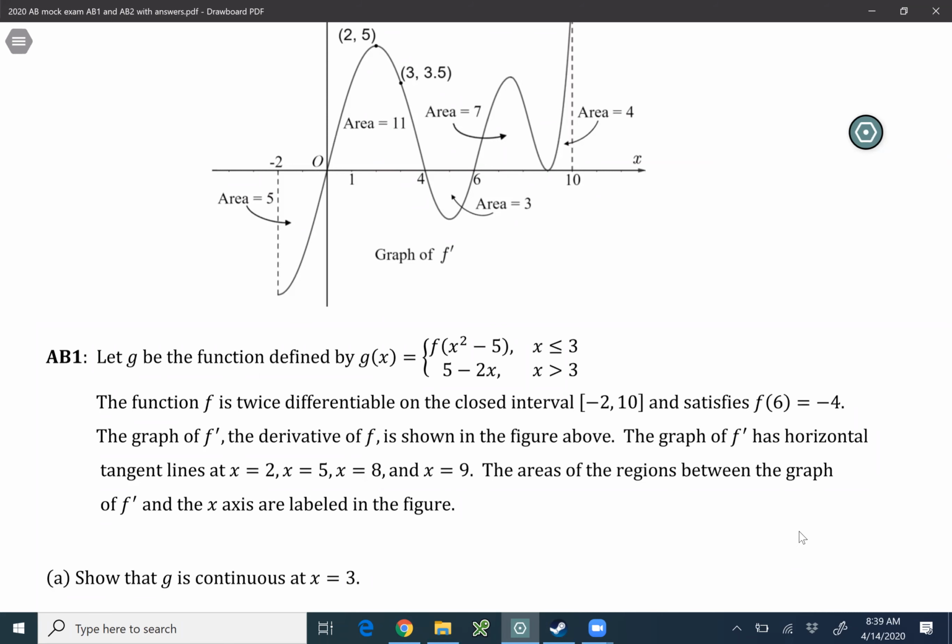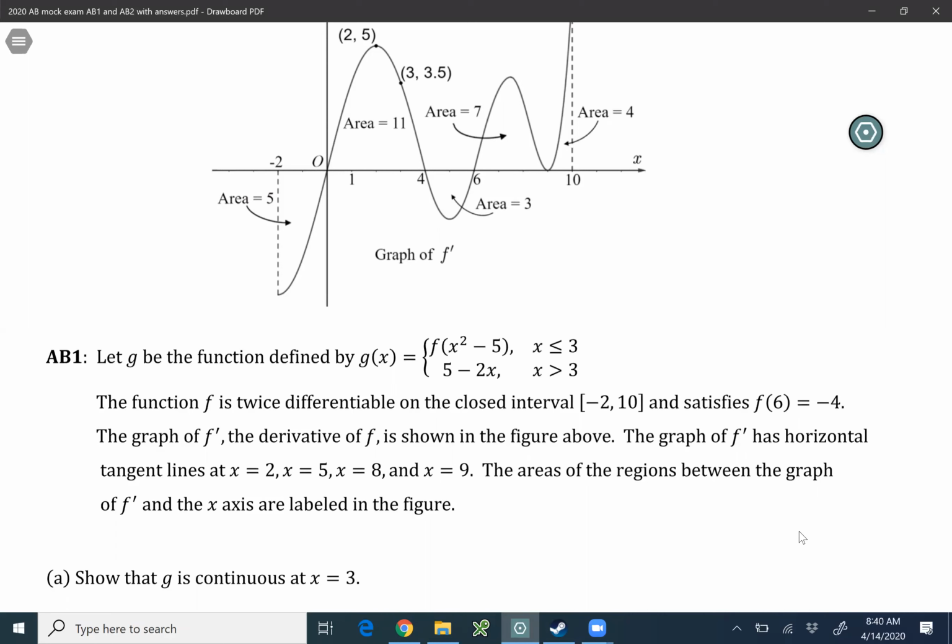It says let G be the function given by G of X equals F of X squared minus 5 for X less than or equal to 3, and 5 minus 2X for X greater than 3. And then it says the function is twice differentiable. It gives you that F of 6 equals negative 4.